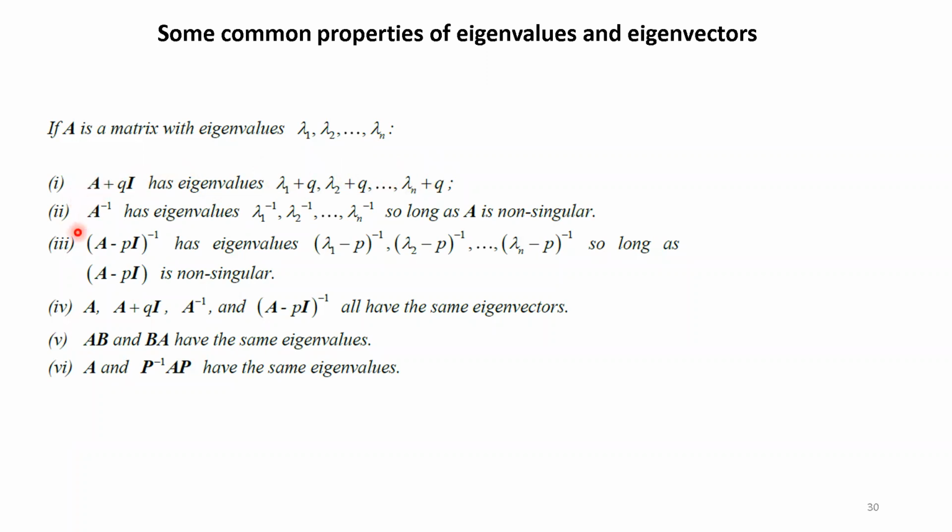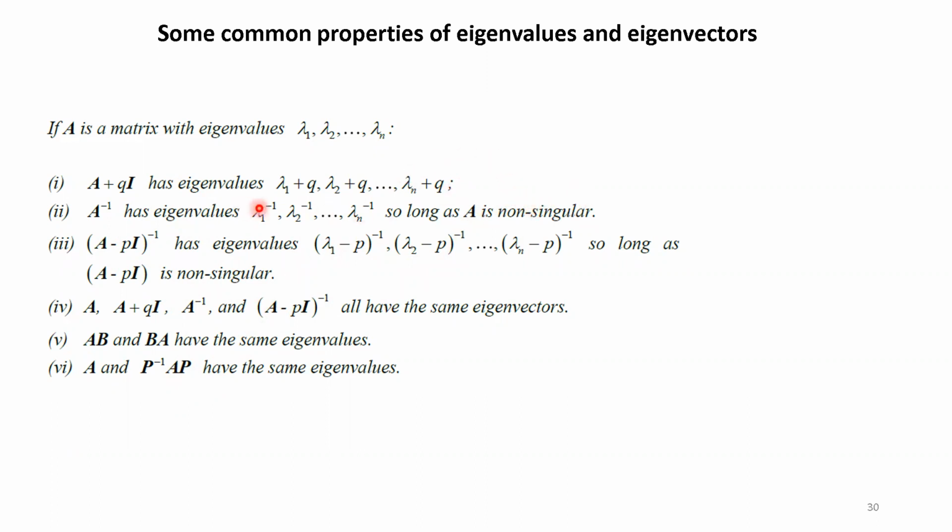And if you take A inverse, the eigenvalues are just the inverses of all these numbers, provided that A inverse exists. Here you can see a list of these properties. We're not going to prove all of them, but we can try a couple of them.